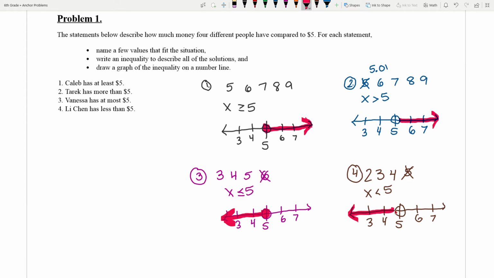So we include 4, 3, and again, we also are including numbers like $4.99 when we graph it this way. Instead of starting at 4, we have an open circle at 5, shaded back to the left. And so some of the differences here, when they're or equal, that includes the value, and so we shade in the circle. When it's just greater than or less than, we keep the open circle because it does not include the value.